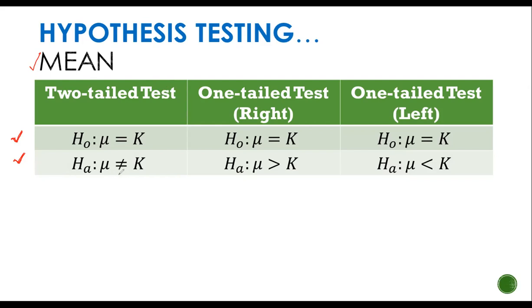Kapag one-tailed ang gagamitin mo, kapag may direction. Either, ito, greater, obviously, you'll use your right. Kasi nga, going towards your right. Ang greater, di ba? Kapag less than naman, left.